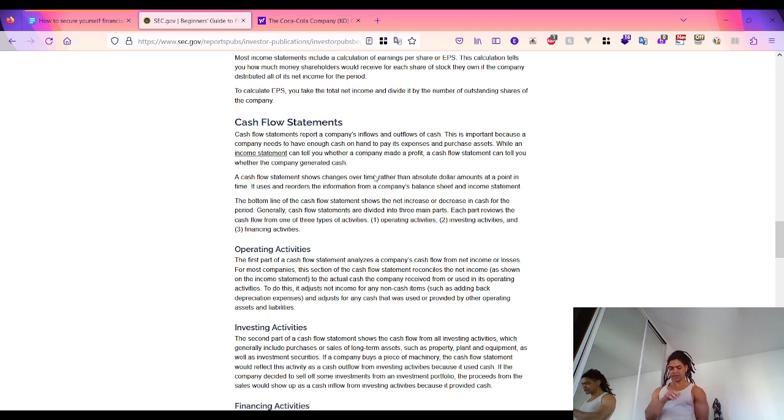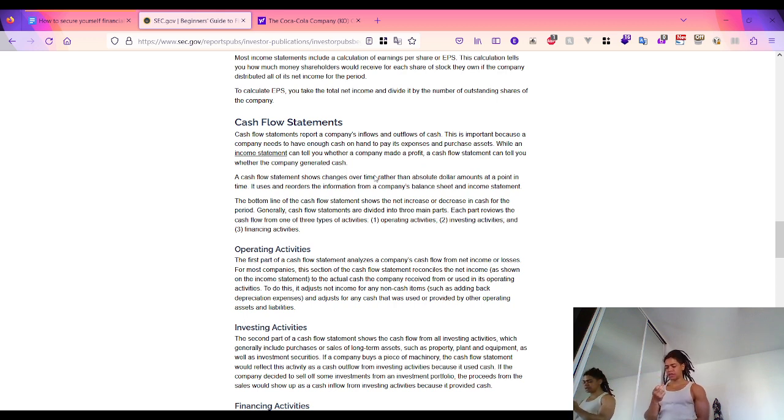So while an income statement can tell you if a company makes profits, a cash flow statement can tell you whether the company generates cash.